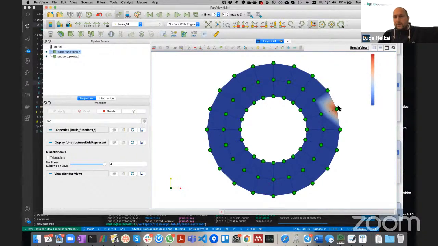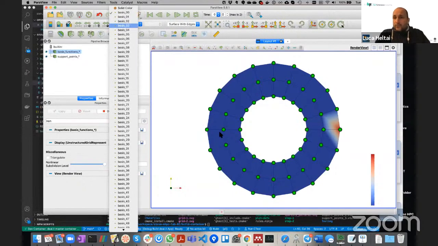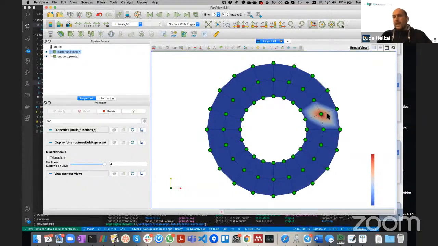For basis function 0, that basis function is 1 on this point and 0 at all other points. If you look at this as a global function restricted to every element, it is a Q1 function. It's a tensor product between a P1 function in one dimension and P1 functions in the other dimensions.